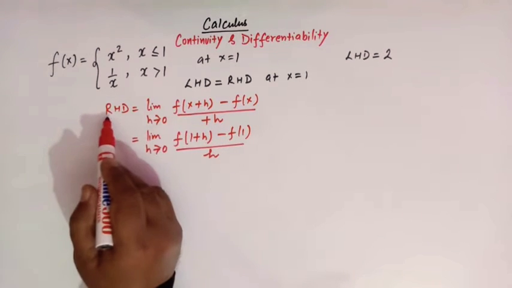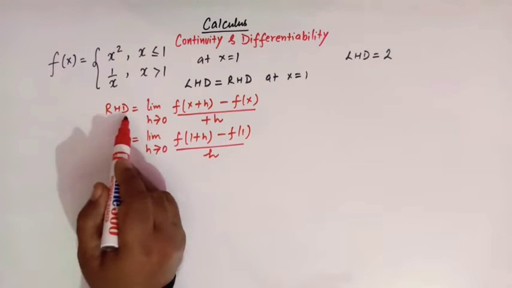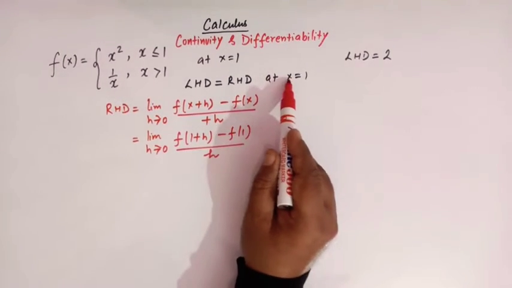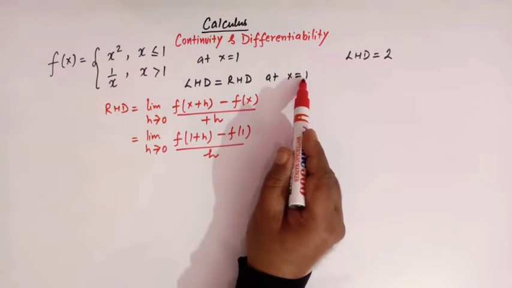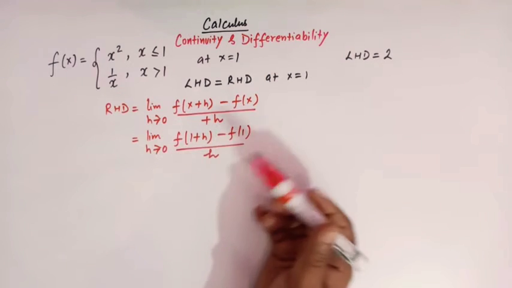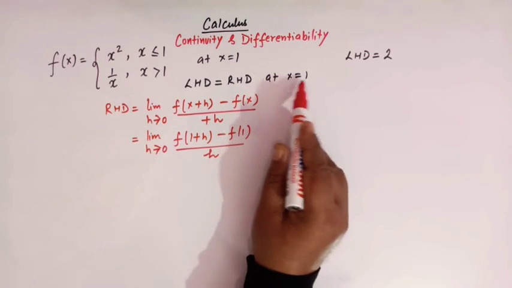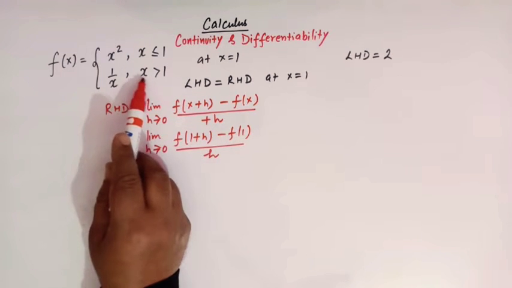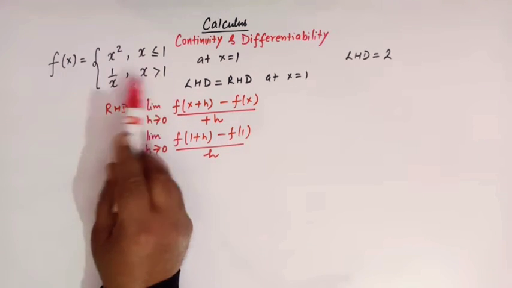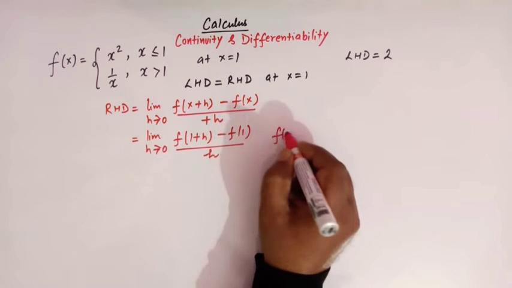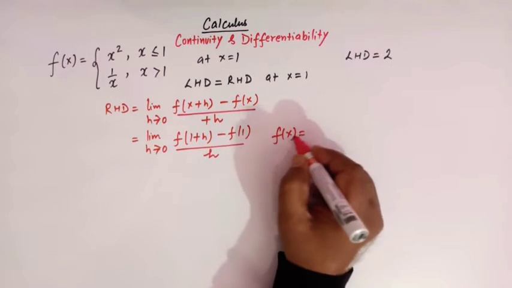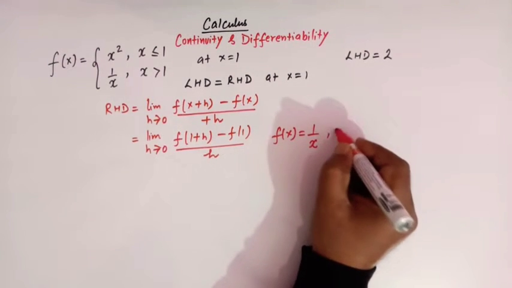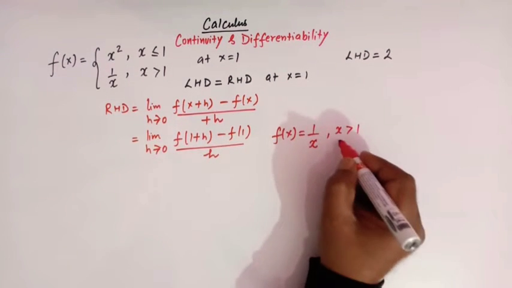Now here we are calculating the right hand derivative. It means we are approaching from the right of x is equal to 1, and for this we have x greater than 1, so the function is defined as f of x is equal to 1 over x, right? Whenever x is greater than 1, right?